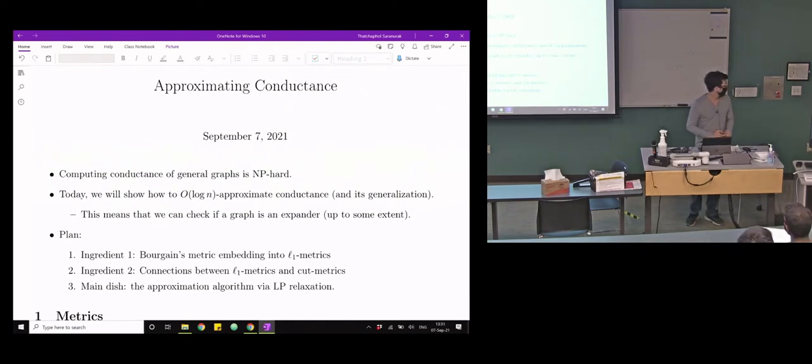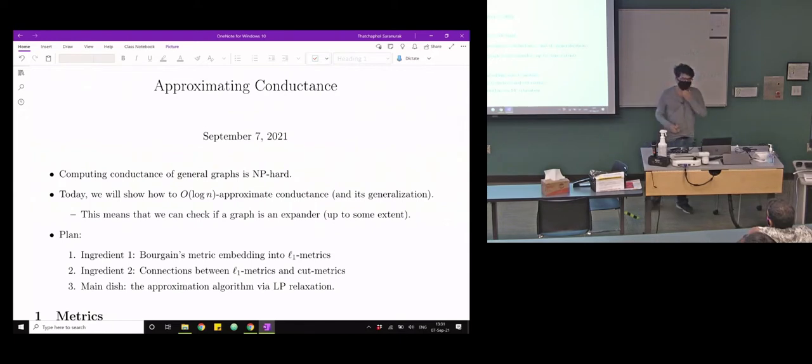Okay. So last time I introduced you to expanders. Basically, an expander is a graph that is well connected, but can be sparse too.